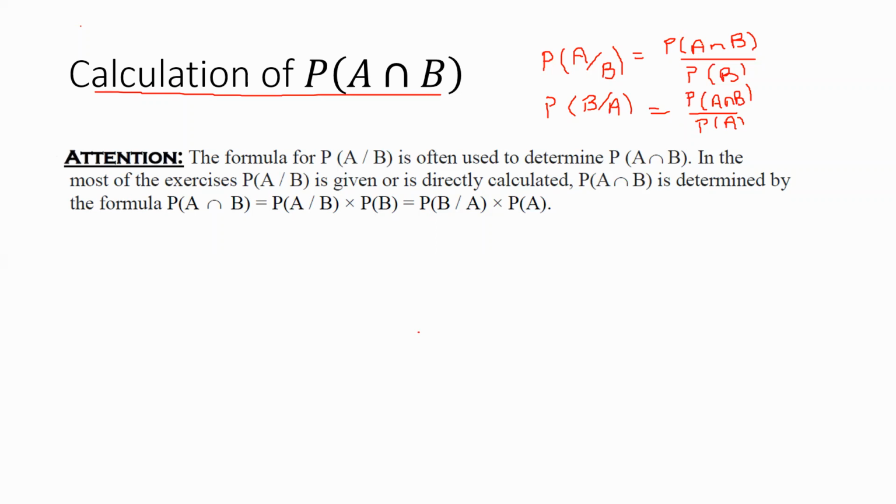P B times P A given B. And if we use the second rule, probability A intersection B equals probability A times probability of B given A. So the formula probability of A given B is often used to determine probability A intersection B.